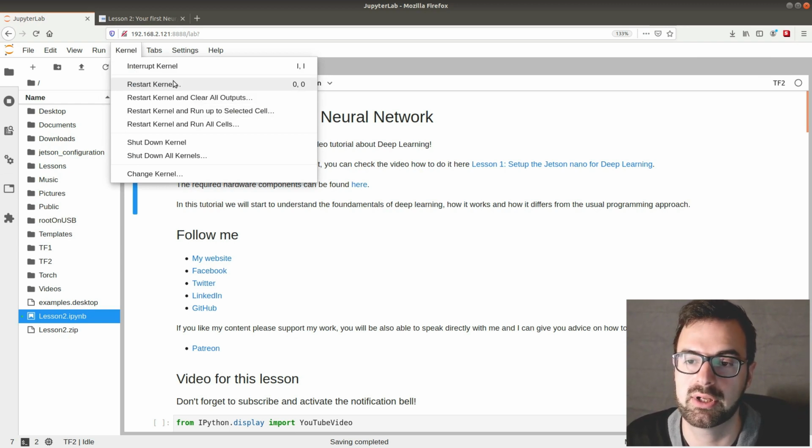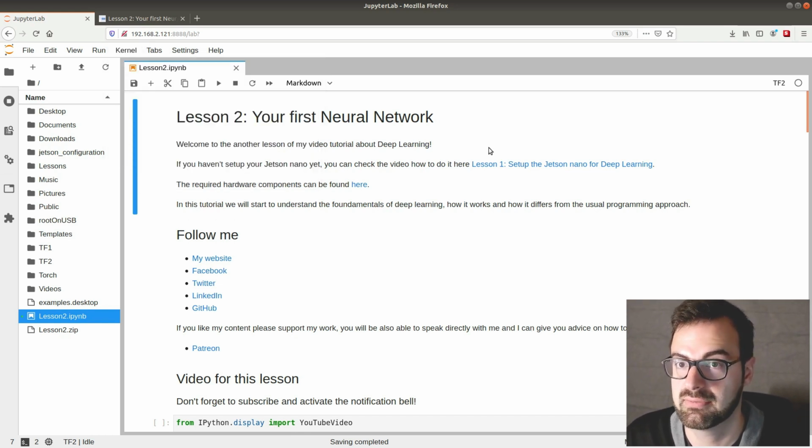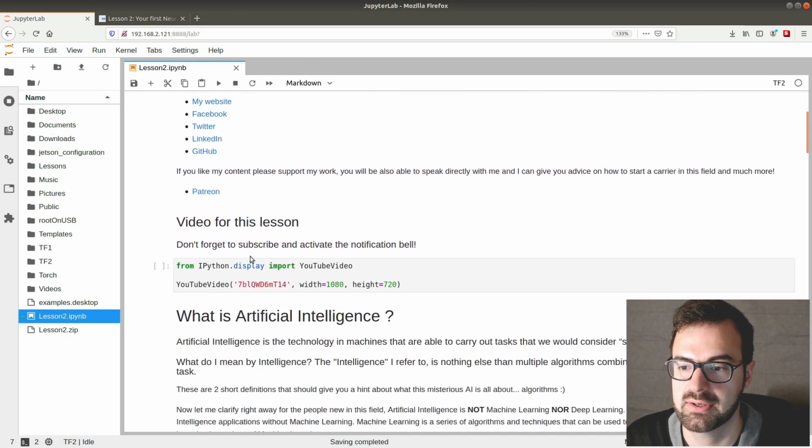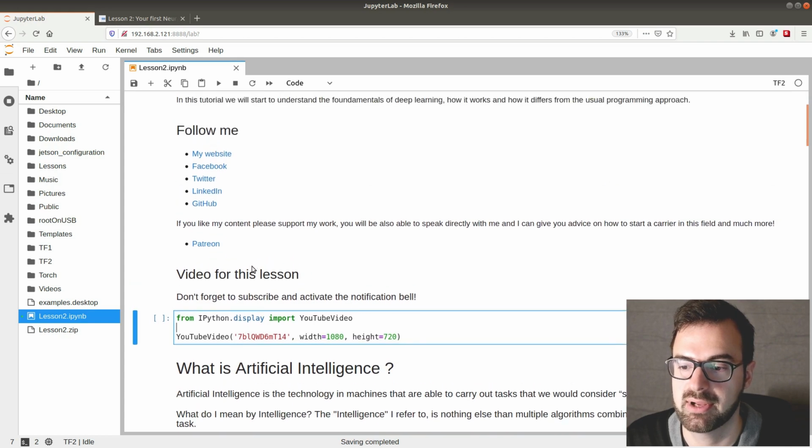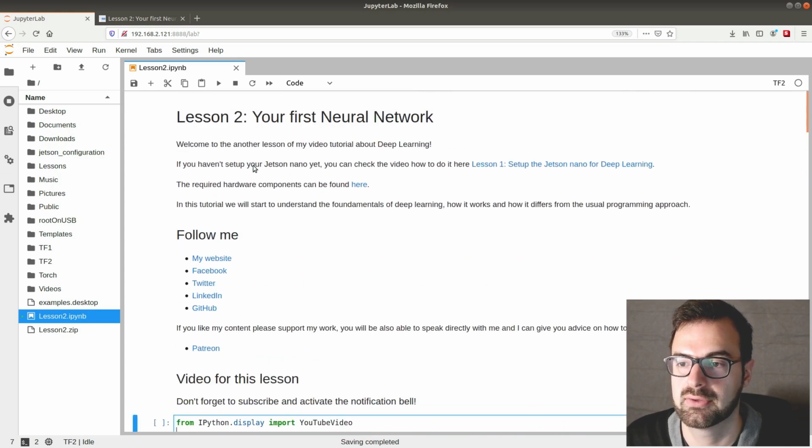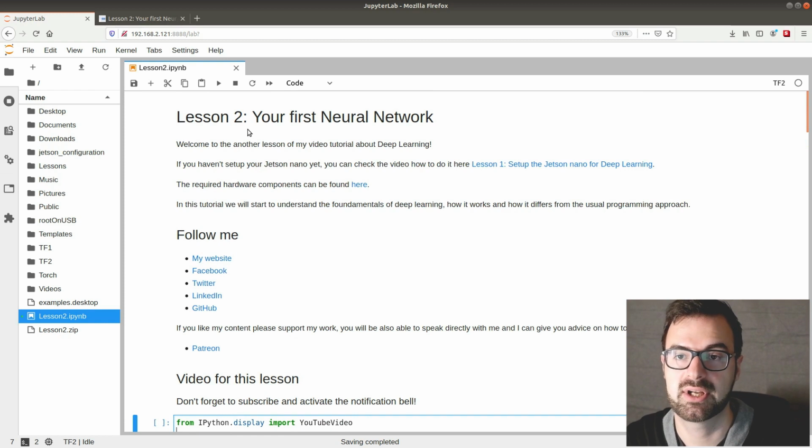What you need to do is restart kernel and clear all outputs. This is in case something goes wrong, you can always restart everything fresh. This is an interactive notebook. That means that every cell or block of code can be executed independently, and that's why we need to restart the kernel in case something is wrong.